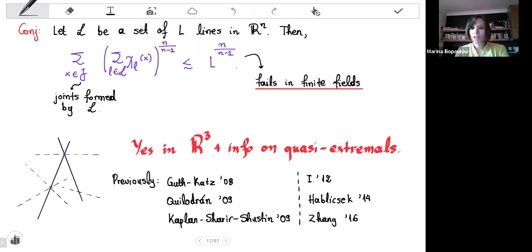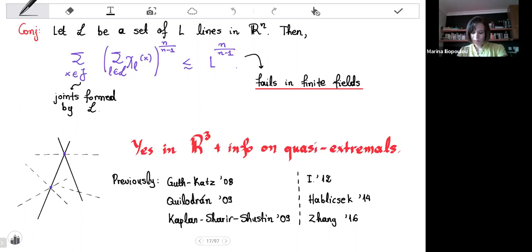It just doesn't hold. There is a slightly weaker estimate, though, that holds in all finite fields. This was proved by Zhang in full generality, and it has to do with the number of linearly independent lines through each joint, rather than just the number of lines through each joint. Anyway, here we're just focusing on a better inequality that has no chance of holding outside Euclidean space. Well, in finite fields anyway.